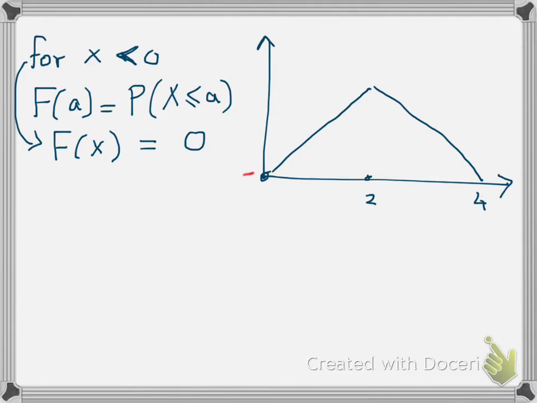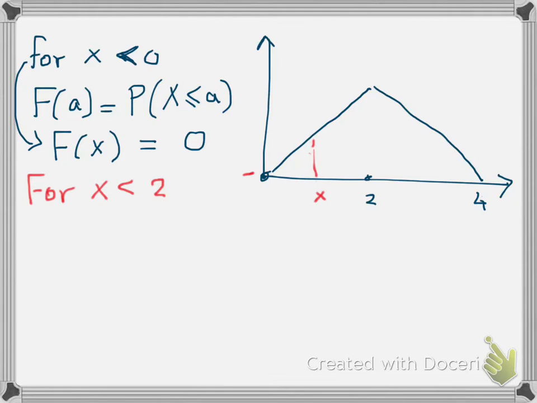Now let's see the next one. Assume that now your x is somewhere here, between 0 and 2, but less than 2. So what will be the cumulative when x is less than 2?